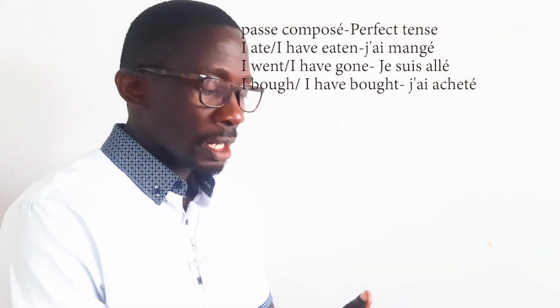I bought shoes. I bought. The fact that I'm no longer buying, I bought. That's perfect. The activity started happening and came to an end. However, when the activity is taking place in the past, we use imperfect.